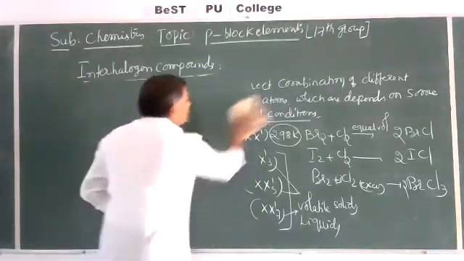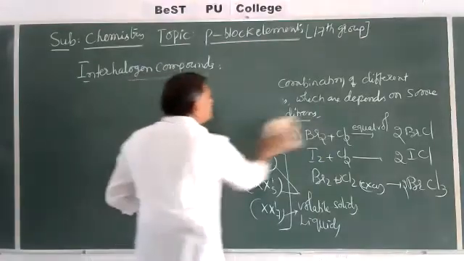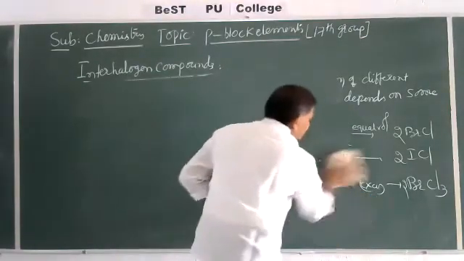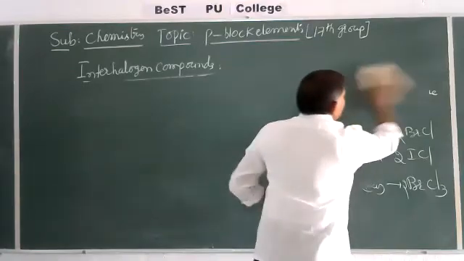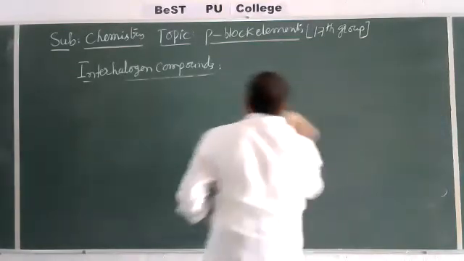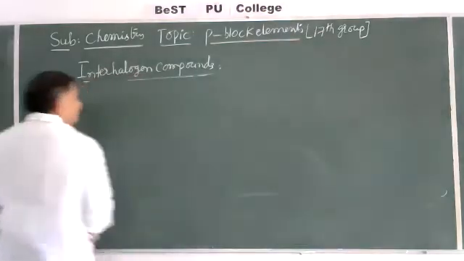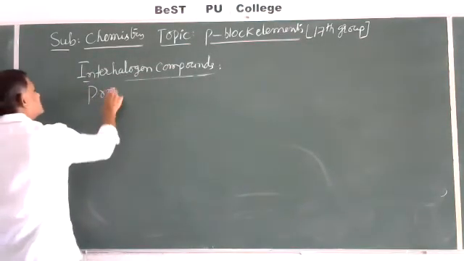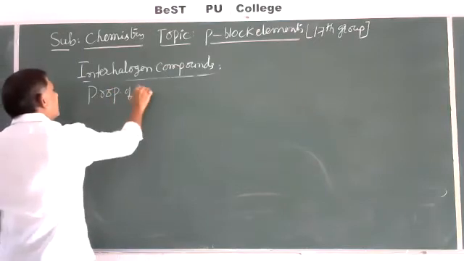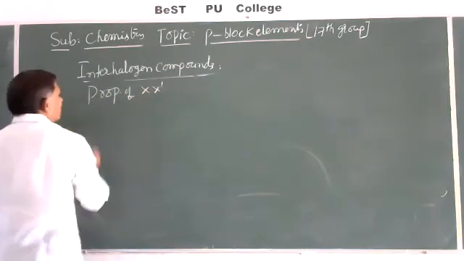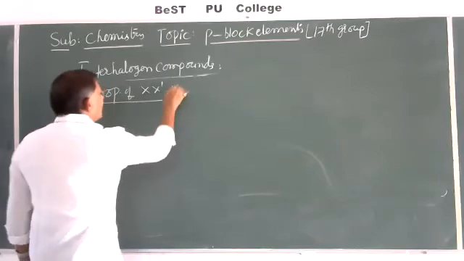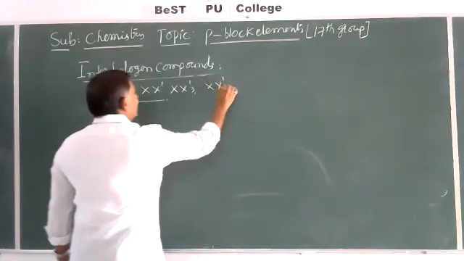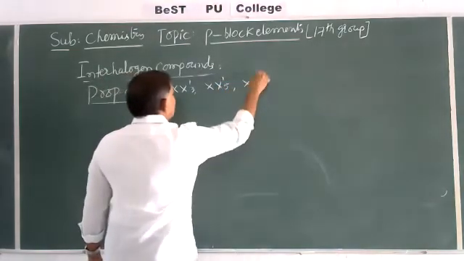Okay, some important physical and chemical properties of these interhalogen compounds. Your properties of these X dash models, maybe X dash 3, X dash 5, X dash 7.